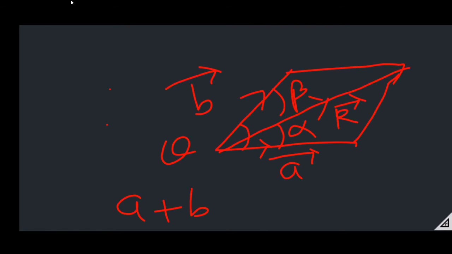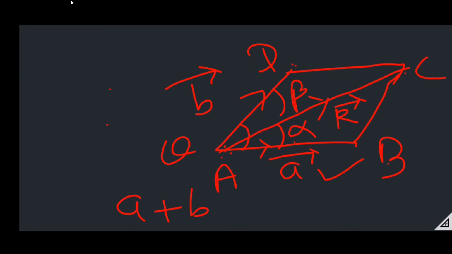So again, see the diagram carefully. We have a vector represented by this side of the parallelogram, and b vector represented by this side, and the resultant is the diagonal passing through the same point. In parallelogram ABCD, side AB represents a vector, side AD represents b vector, AB and AD are two adjacent sides, and the resultant of a vector and b vector is represented by diagonal AC. The angle between the resultant and a vector is alpha.